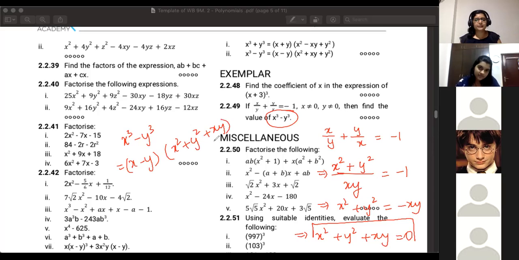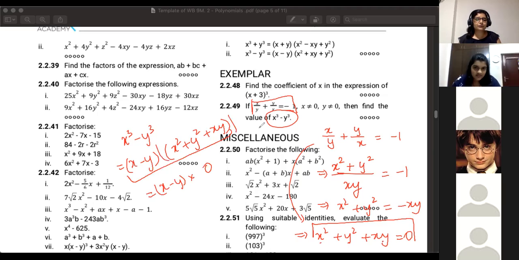But using the given expression only, you found out that x square plus y square plus xy is equal to 0. Iska matlab, what will be the value of this whole multiplication? x minus y into 0.